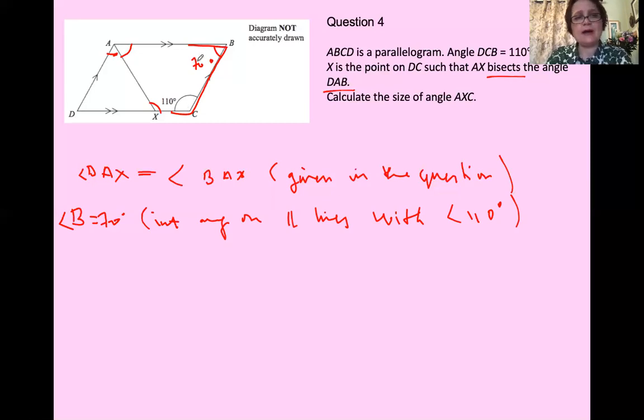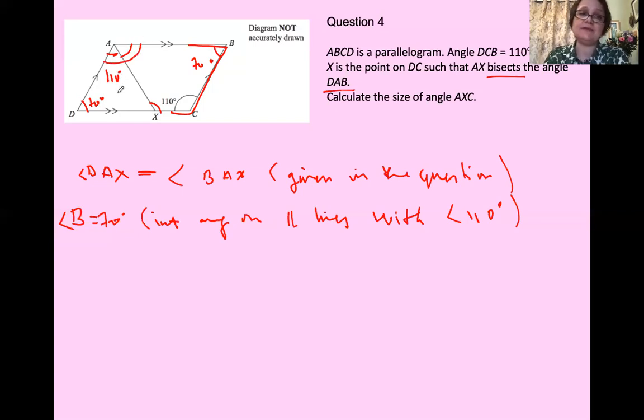Okay, now how about this angle here? This is 110 degrees. So this angle here is going to be 170 degrees. And this angle here is going to be 110 degrees because opposite angles are the same in a parallelogram. So all this angle here is 170 degrees.